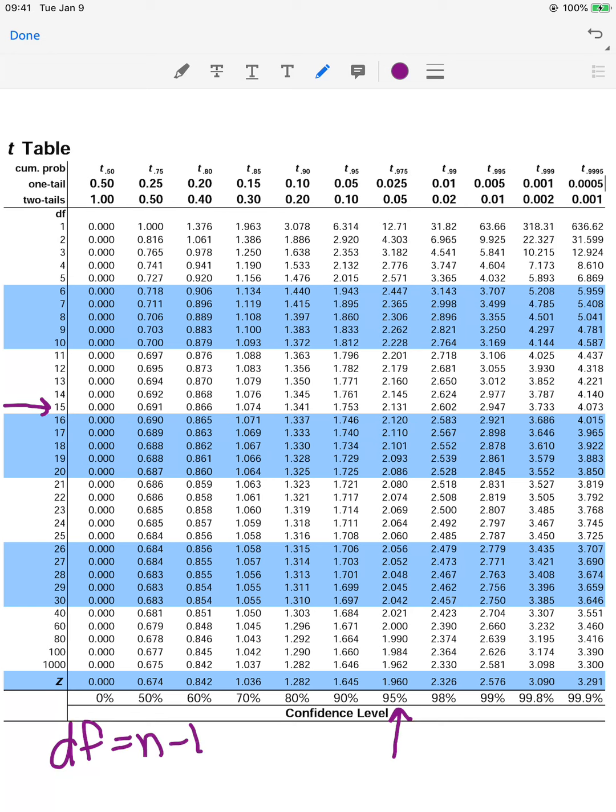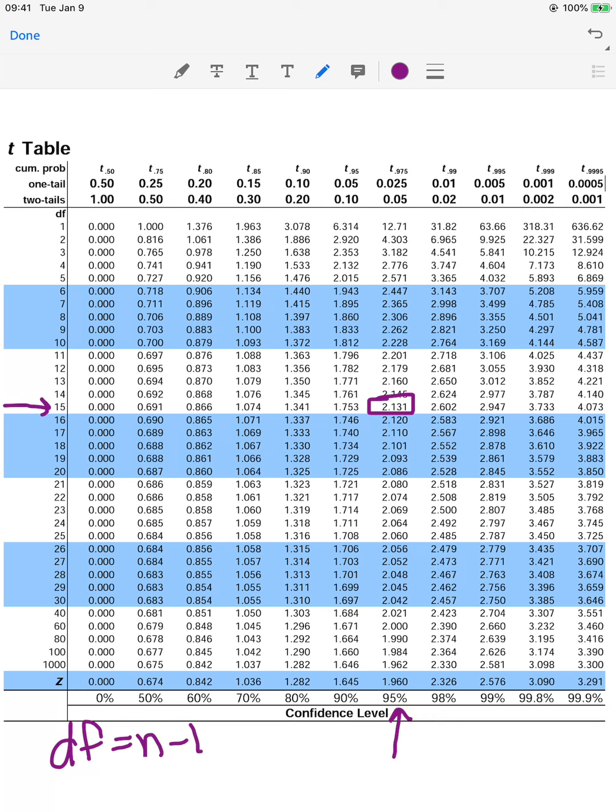So 15 and 95, I'm just going to find where these two meet. So I come across until I'm at the 95%, and they meet at 2.131. And this is how you find the t alpha over 2 for your confidence interval.